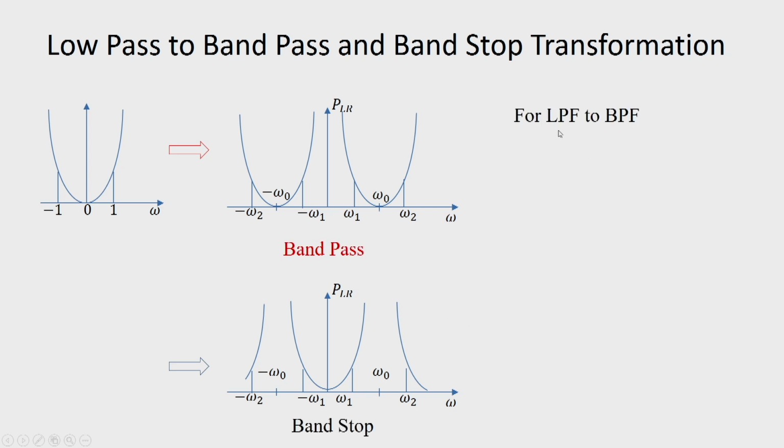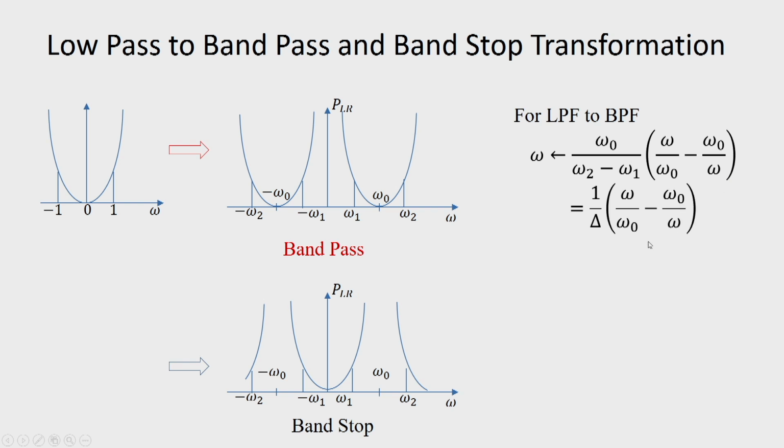For performing low pass to band pass transformation, we need to substitute omega by omega naught divided by omega 2 minus omega 1 into omega by omega naught minus omega naught by omega, and this we can write 1 by delta into omega by omega naught minus omega naught by omega, where we have delta equal to omega 2 minus omega 1 by omega naught.